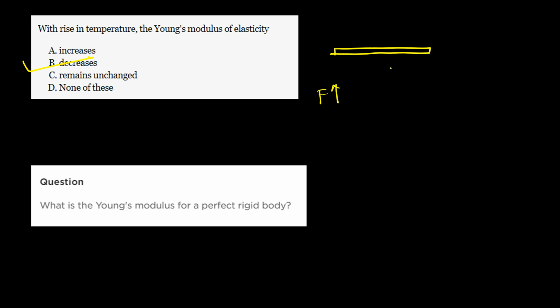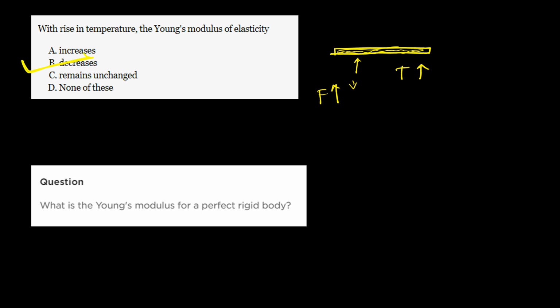But if the temperature is high, then what is going to happen? It will not melt, but the metal will kind of get soft. Then it is going to take lesser force to deform that material. So it should decrease.